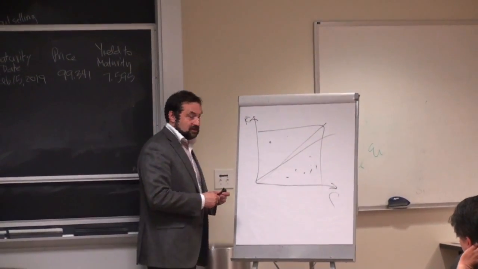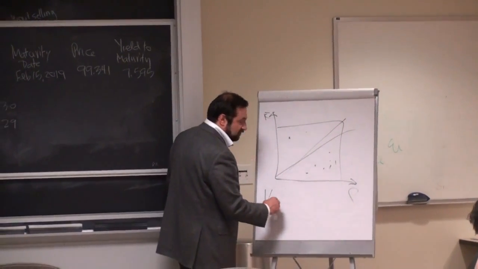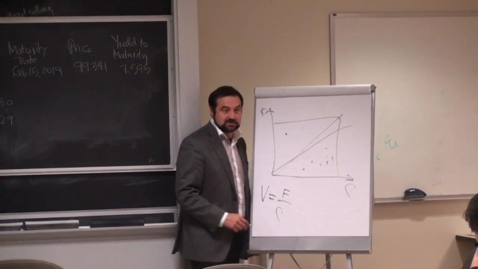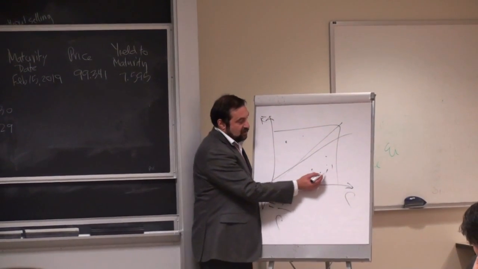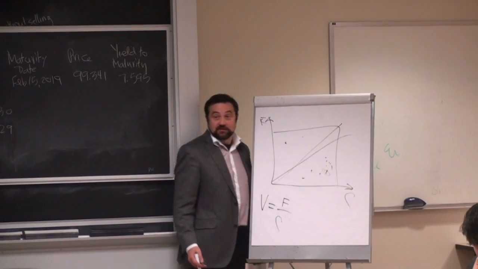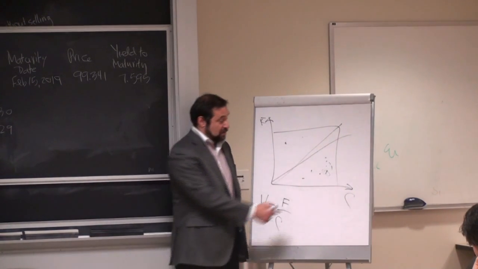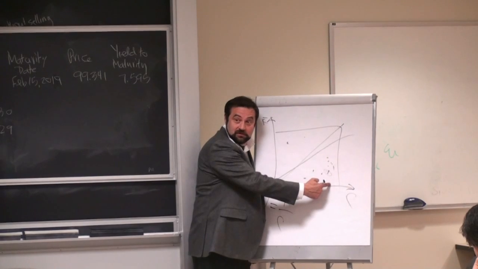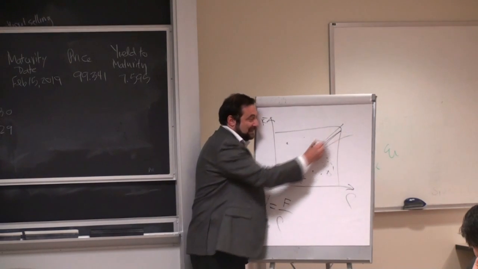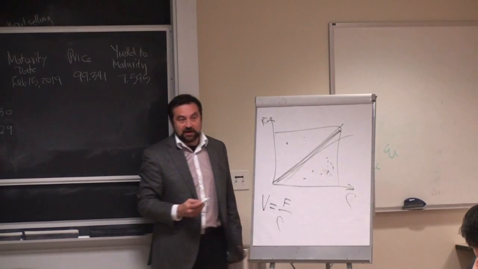Because I know that the value of a component, of everything, is what it does for us versus what it costs me. And when you have too many components here, it means that your design is bad. You pay a lot for not getting a lot. So at least you have to be around these lines.